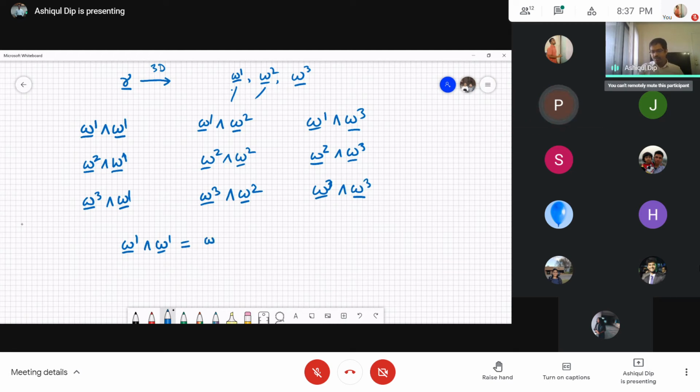Because omega-1 wedge omega-1 is omega-1 times omega-1 minus omega-1 times omega-1. So you can see that when you take the wedge product between the same object, that gives you 0.